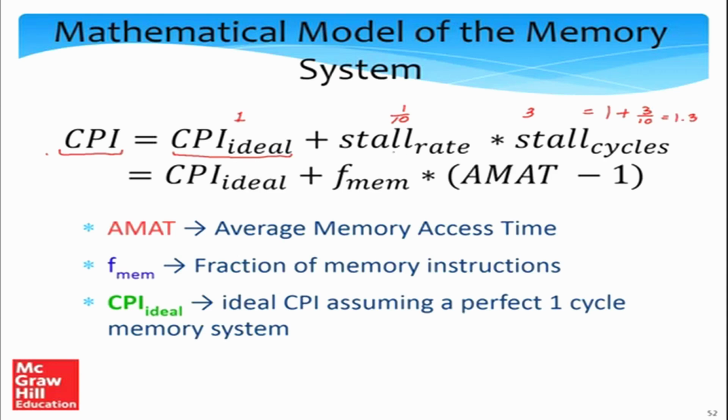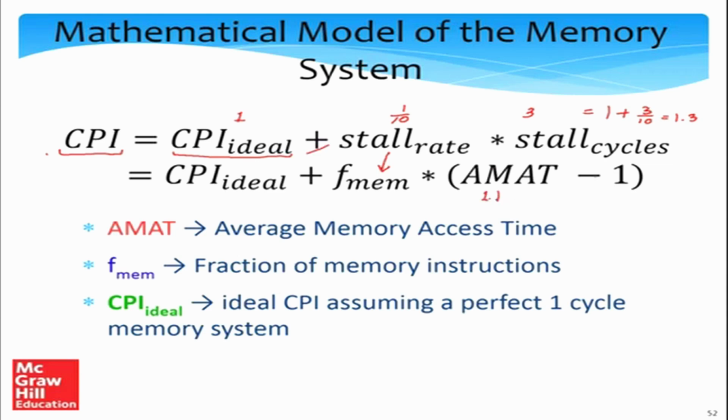So if we assume that every instruction that goes to memory can potentially stall, we can equate the stall rate with Fmem, the fraction of memory instructions, times the number of stall cycles. If all the memory instructions hit in the L1 cache, then the stall cycles is 0. But let's say on average, for all the memory instructions, the average memory access time, AMAT, instead of 1 cycle is 1.1 cycles.